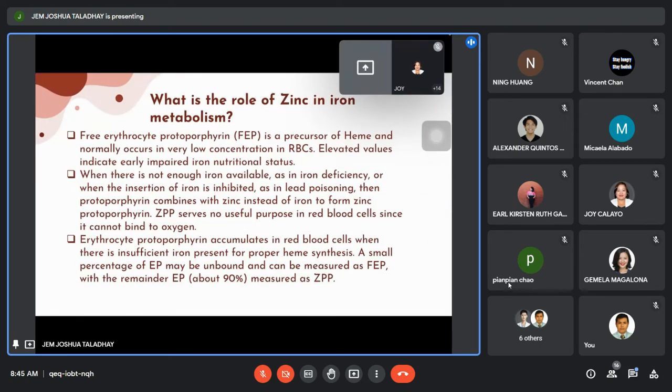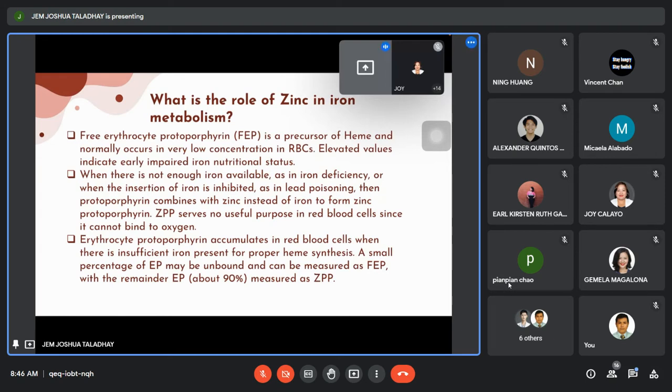Next is, what is the role of zinc in iron metabolism? As I mentioned last week, there is a special test for characterizing iron deficiency anemia, which is the FEP or ZPP.